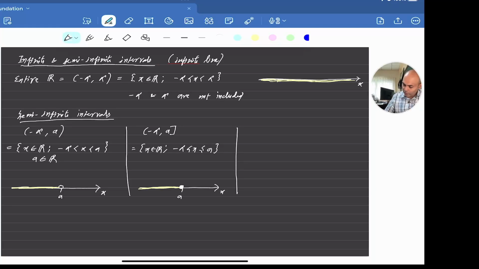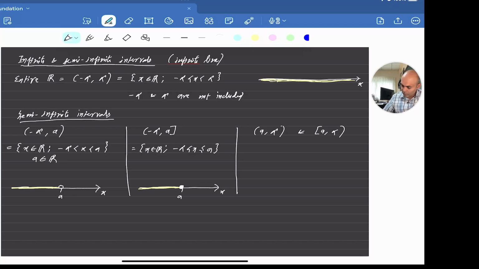Similarly, we can have the open interval a comma infinity and the half open interval, where we include a and include all points to the right of a.